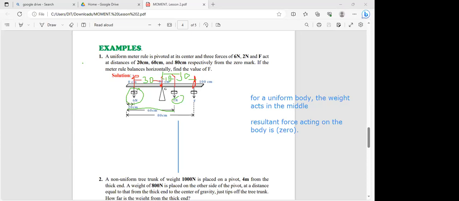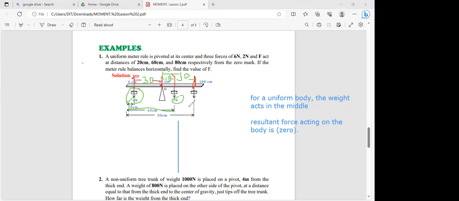So all the distances of these forces that we have to use have to be from the pivot to where the force is acting. If from 0, 6 newtons is at 20 centimeters, that means from the pivot it will be 30. Then from the pivot, this one will be at 10. Then from the pivot, F will be at 30 also.